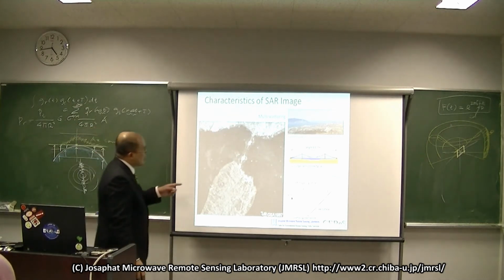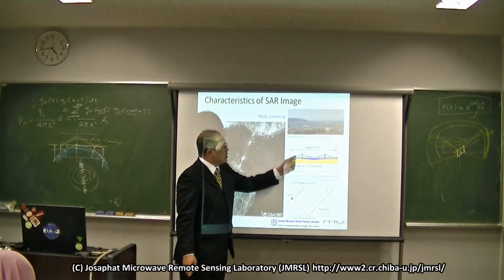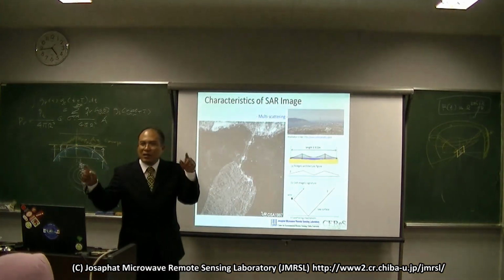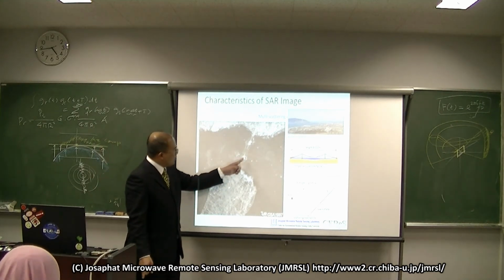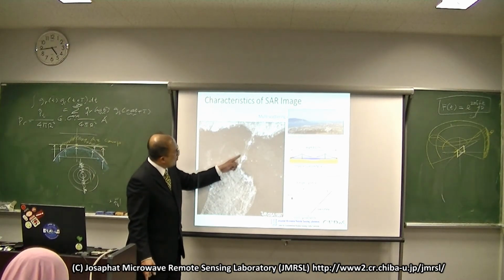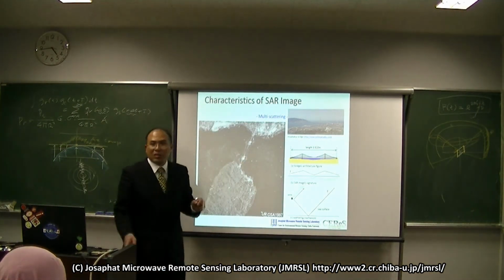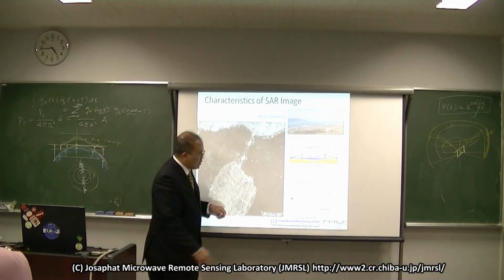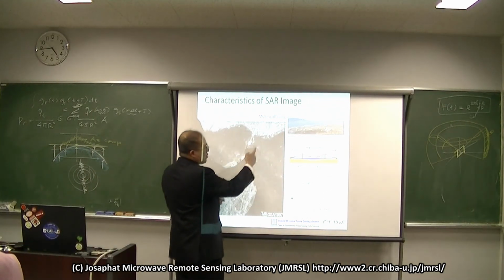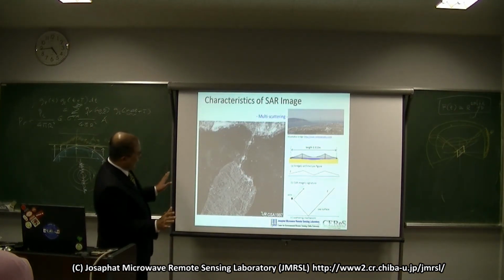Then next, in the image, you can find this bridge is actually just one wire bridge, but you find two, or maybe here the effect is three wires. Why? Because of the direction the satellite is moving, from which direction to which direction.